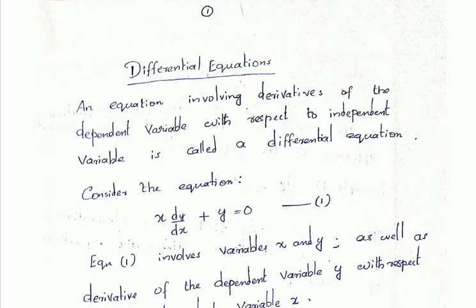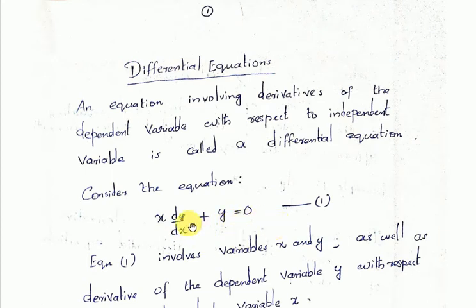Differential equations. An equation involving derivatives of the dependent variable with respect to the independent variable is called a differential equation. Consider the equation x dy by dx plus y equals 0.